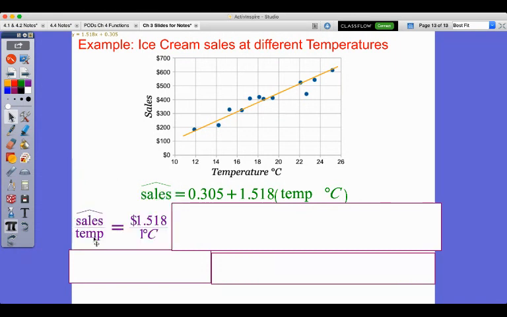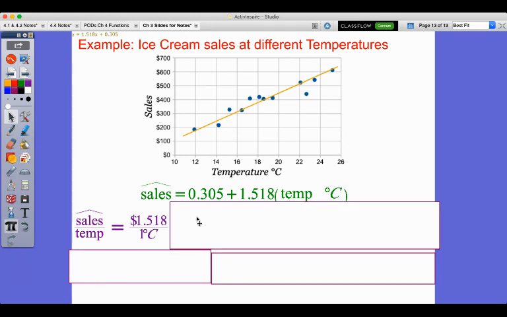Predicted sales over temperature equals my slope over 1, with units dollars and degrees Celsius. And so I would say for each increase in 1 degree Celsius, the sales are predicted to increase, because it's positive, by $1.51.8.